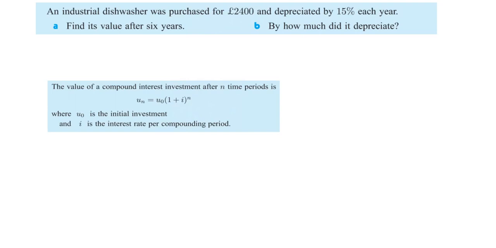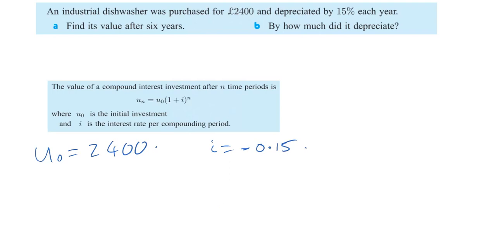So an industrial dishwasher was purchased for £2,400. Already, I'm going to write down that U0 equals 2,400. Now it depreciates, so goes down by 15% each year. So if you wanted to think about it in terms of I, it's going to be negative 0.15 because it's going down.